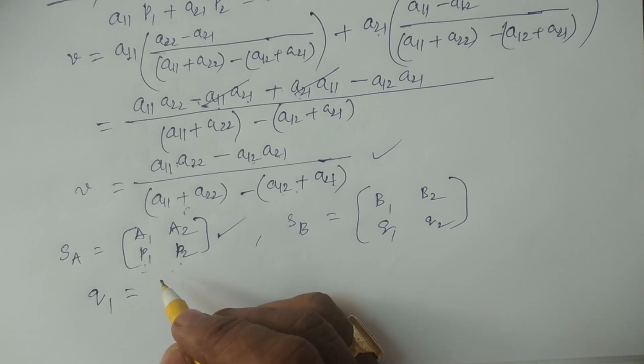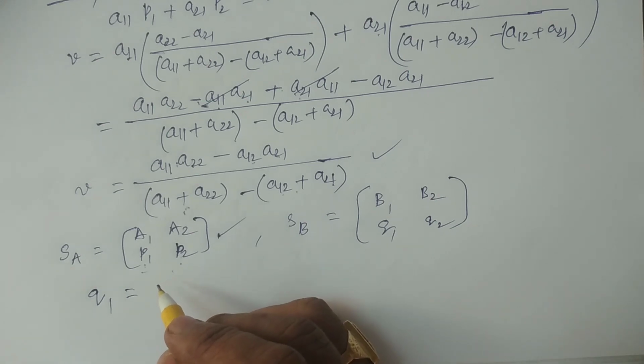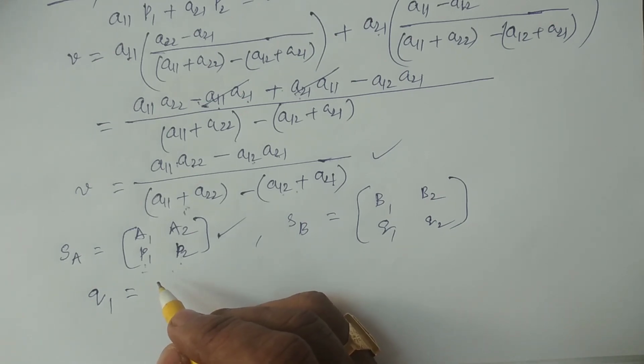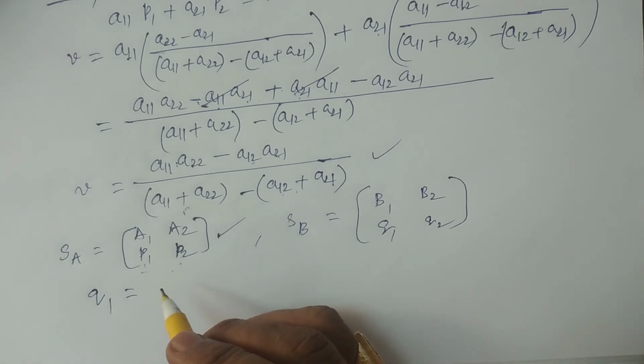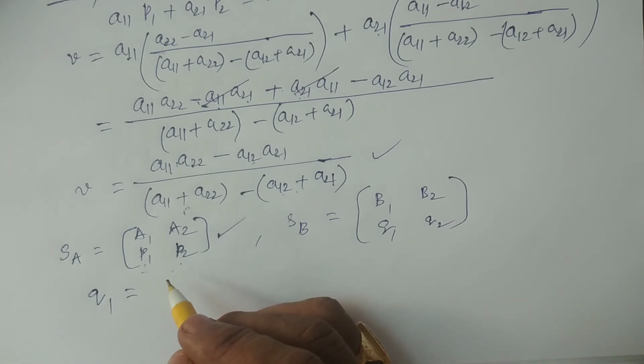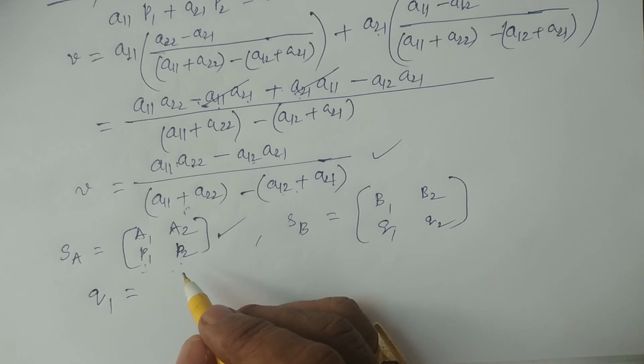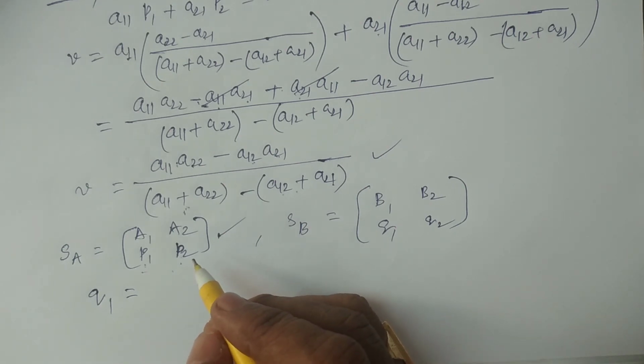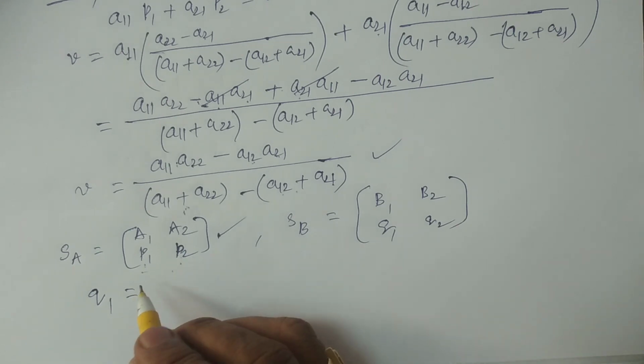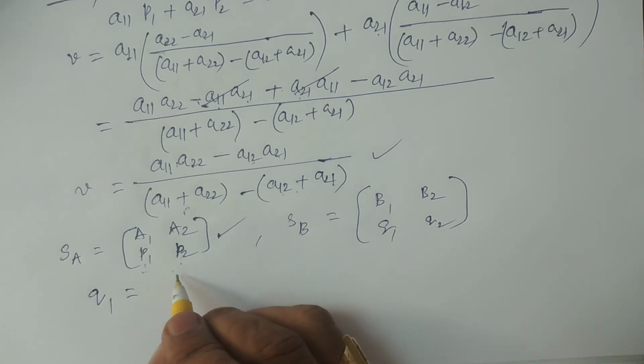And similarly, if player A selects strategy A2, then what is the expected loss for player B? That we have to consider, and then consider the minimax value, the maximum of the two losses, which will be less than or equal to the value of the game. Following the same procedure, you will get the values of Q1, Q2 in this way.